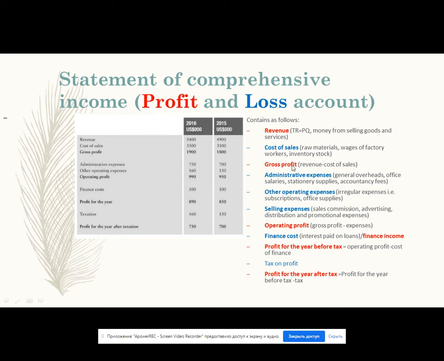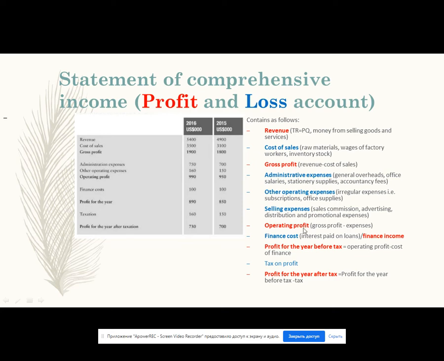Under gross profit, we understand revenue less cost of sales. So, as you can see, for 2016, gross profit is 1,900, which is calculated as revenue 5,400 less cost of sales 3,500. So that is gross profit, type of profit which we have to know.